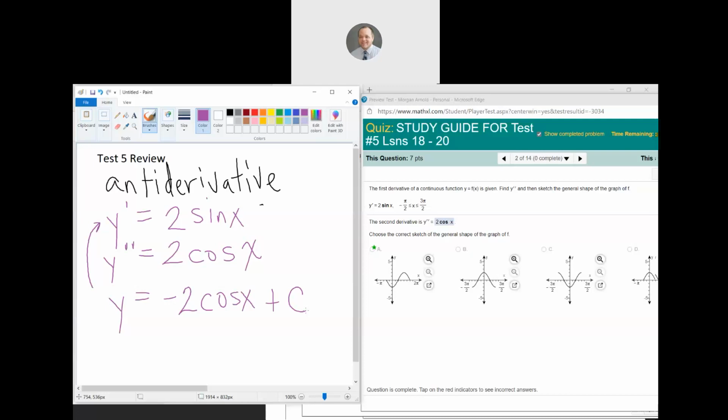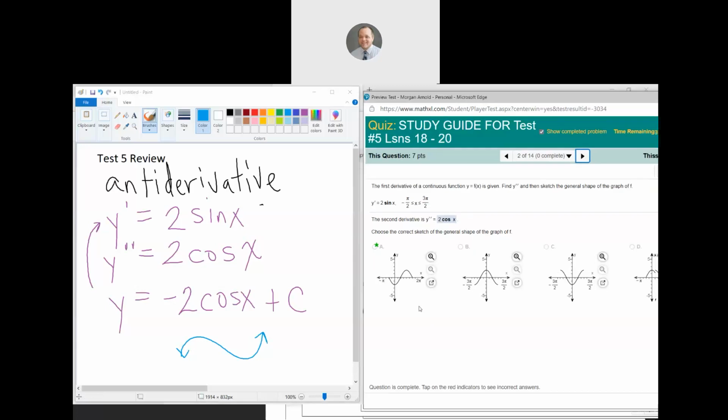Now, the regular cosine curve behaves this way. But since we have a negative sign, a negative number, then it's going to be inverted. So the correct graph of the original function is A.